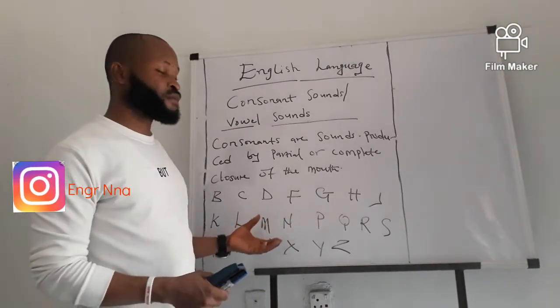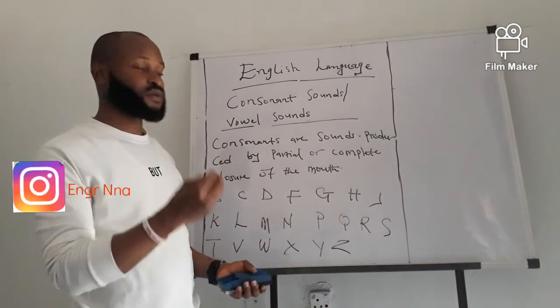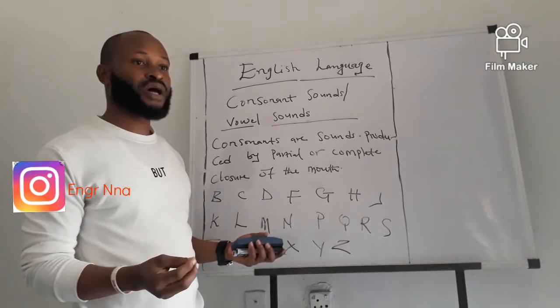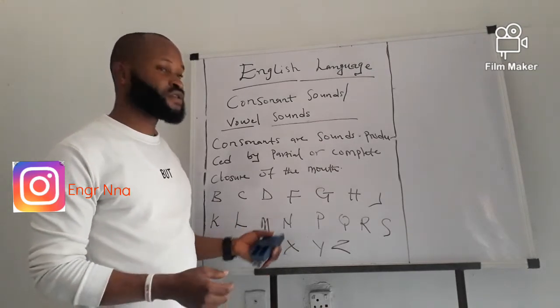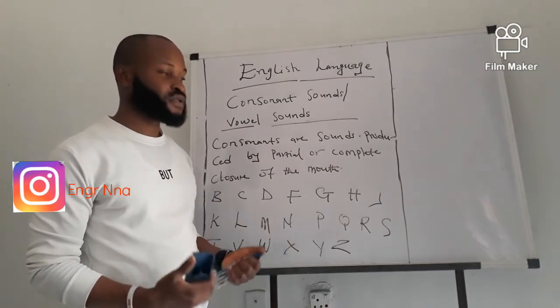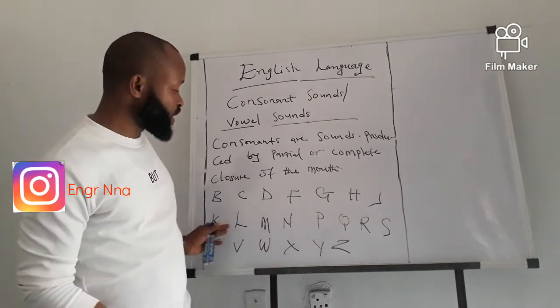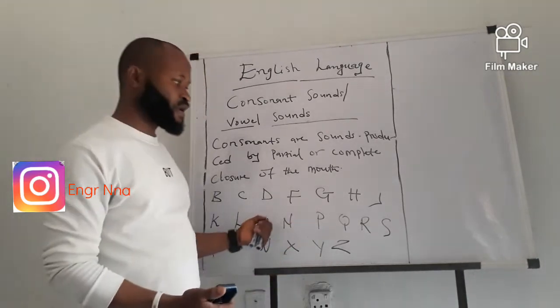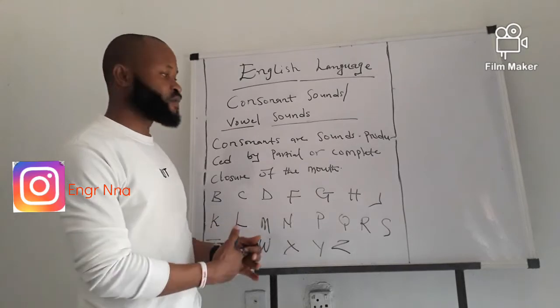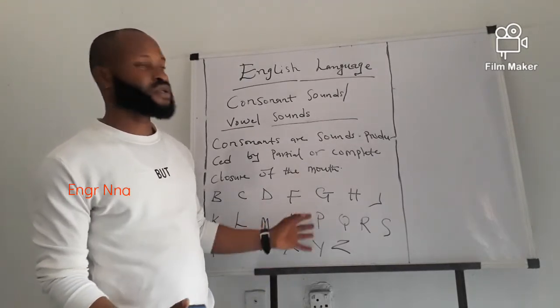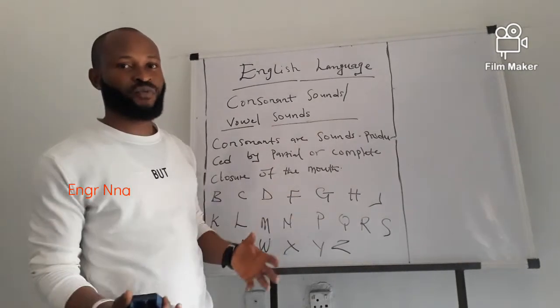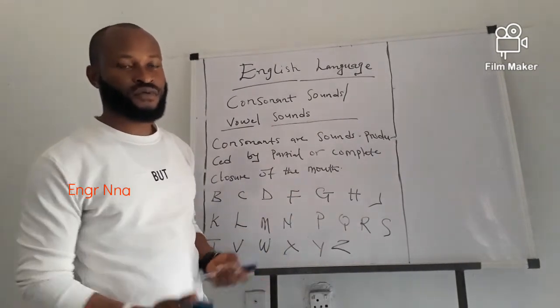They are produced with friction. They are produced when the mouth is either completely closed or partially closed. These are what we mean by consonant sounds or consonant letters. We will know their essence. We want to stratify them, and then we will relate them with the vowels, and we should be able to also know what vowels mean.